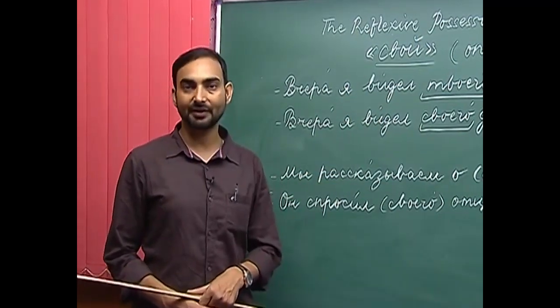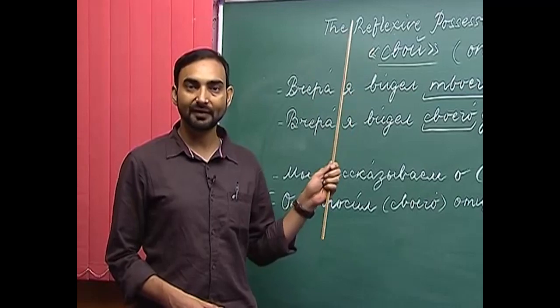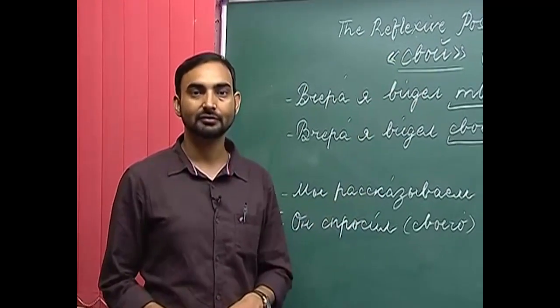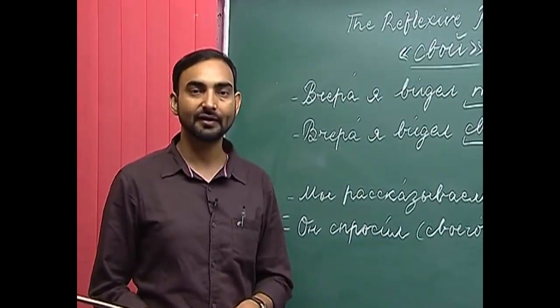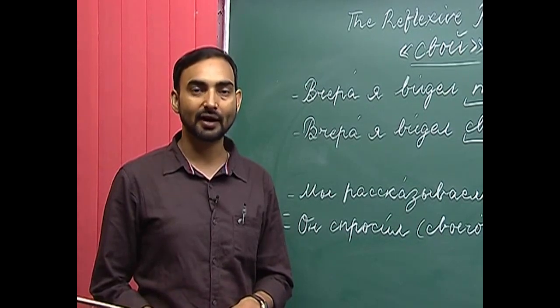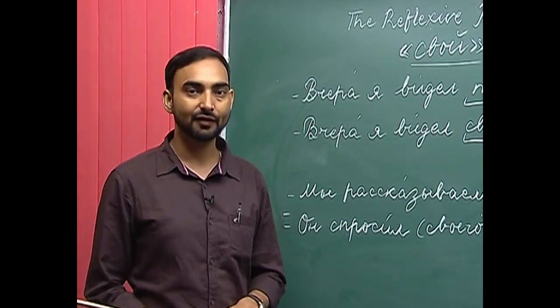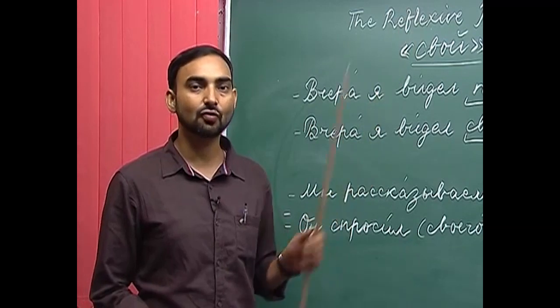And like the possessive pronouns, reflexive possessive pronouns also change their forms in different cases. So now we will look at the changes that we do with the reflexive possessive pronoun свой.